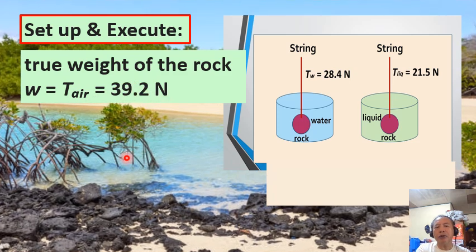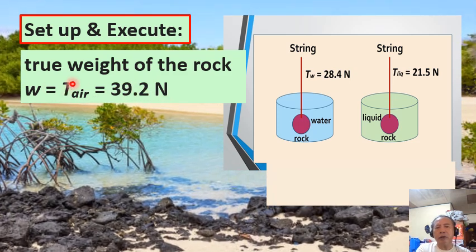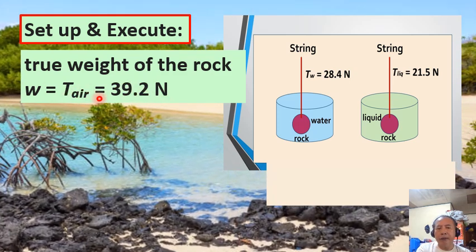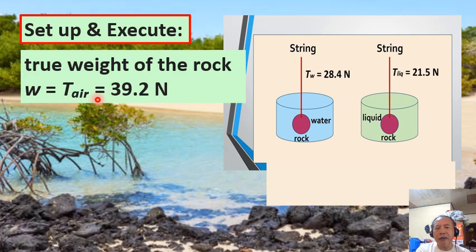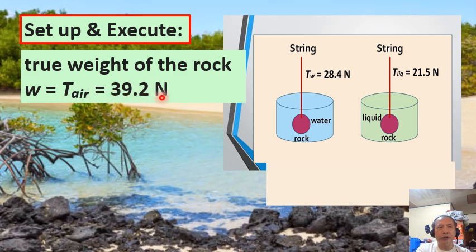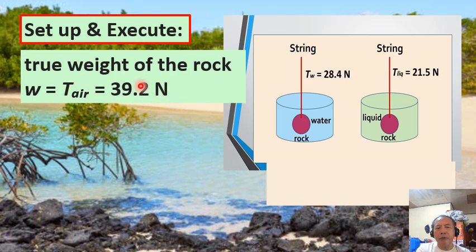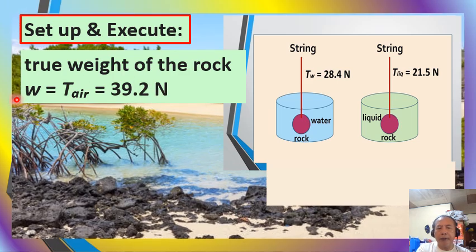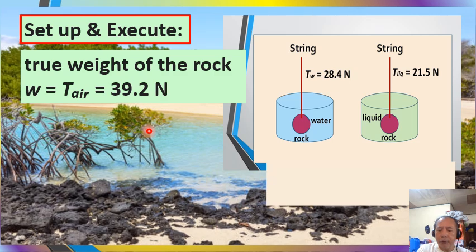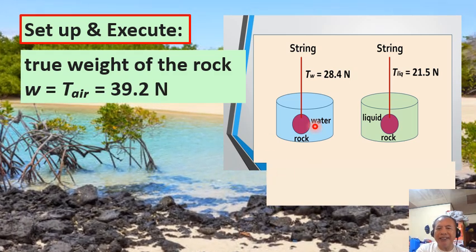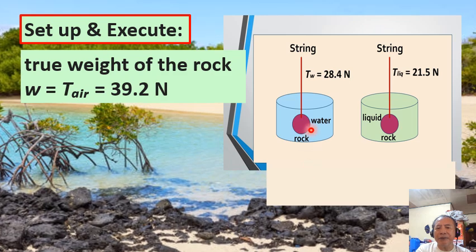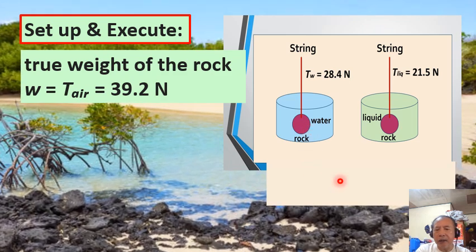Moving on to our computation, we take note that the given tension in the string when the rock is still in the air, 39.2 newtons, is also the true weight of the rock, labeled as small w. So in our diagram, we identify the three vertical forces acting on the rock.